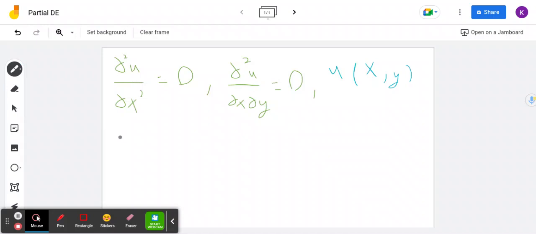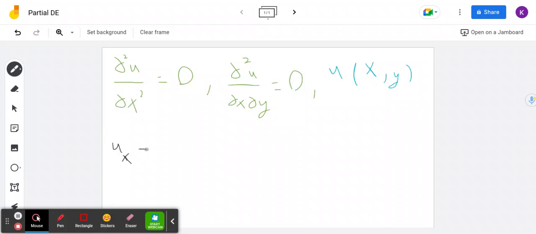So we have a function where first we take the derivative with respect to y, and then we take the derivative with respect to x, and we end up with 0. So first we can integrate this with respect to y. If we do that, the dy goes, so we get u sub x. This means that this is a partial derivative with respect to x.